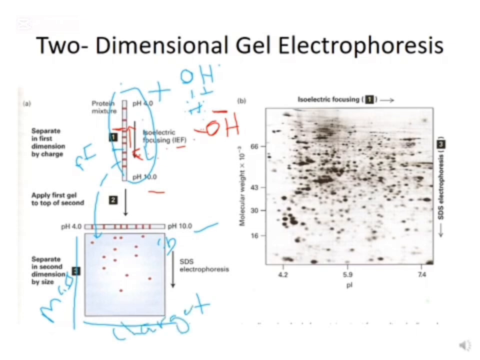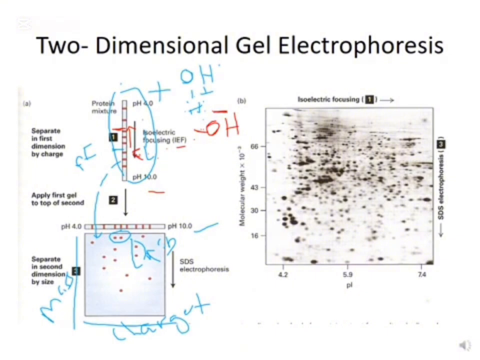For example, if we look at these two proteins, they have the same charge, however, they have different masses. On the other hand, these two proteins have the same mass, but they have different charges. If this were PAGE without the first dimension, we would have separation for these two proteins.